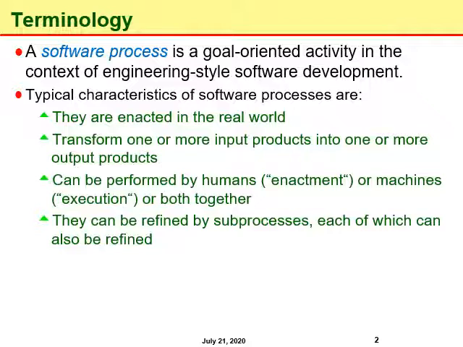Then the processes can be performed by humans, and this is called enactment, or they can be performed by machines, which is called execution, or the processes can be performed by both humans and machines. Then the last one, they can be refined by sub-processes, each of which can also be refined further.